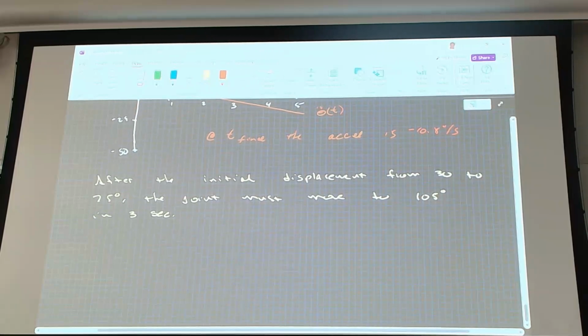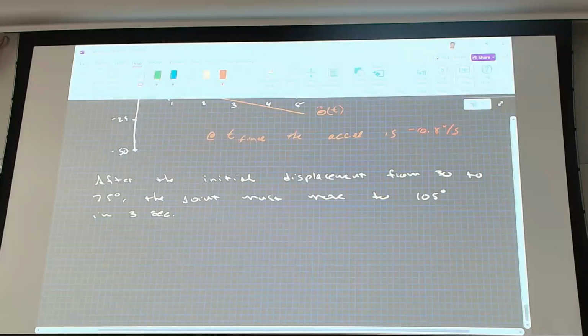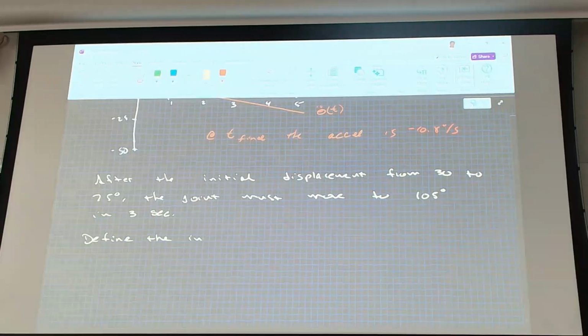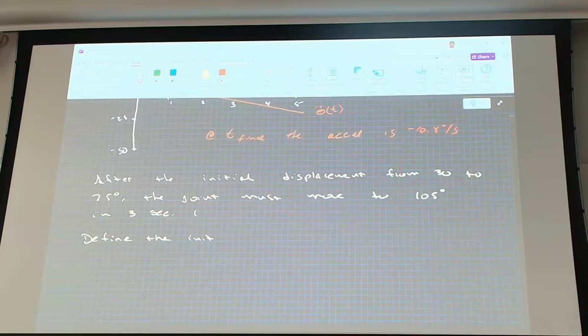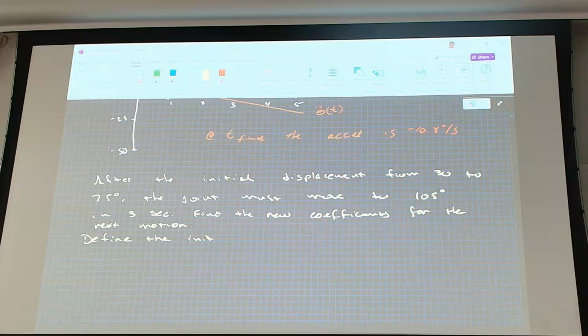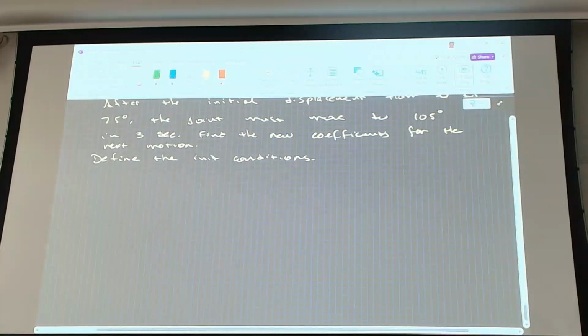So we have to define the initial conditions. So actually, let me say this, find the new coefficients for the next function. So again, we define the initial conditions, much like we did before.